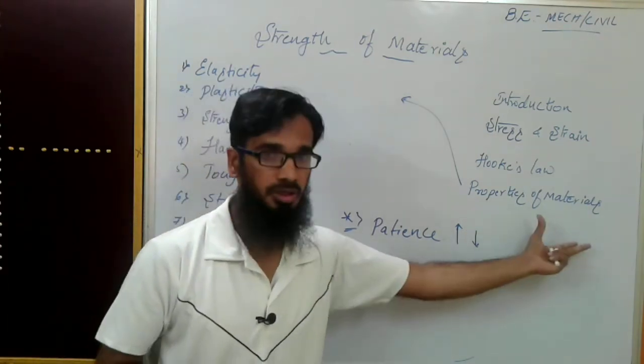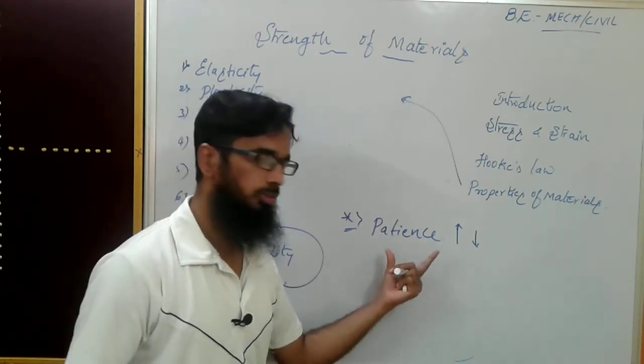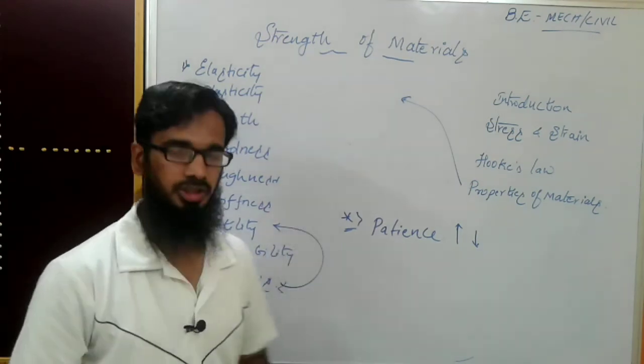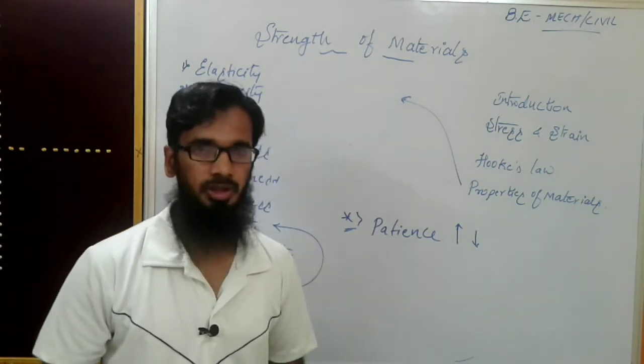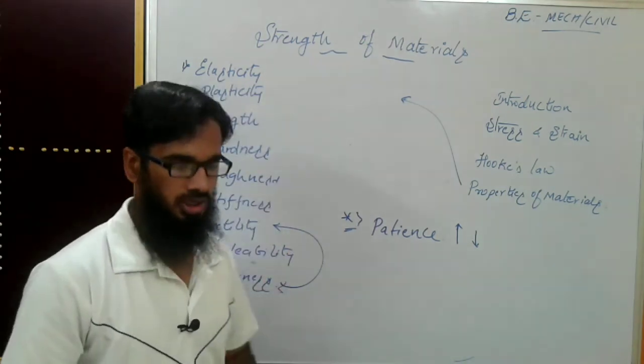I'm just talking about the material here, but if I take human beings, we have patience. How is it related to any one of these properties of a material? Please comment on which property patience is related to.